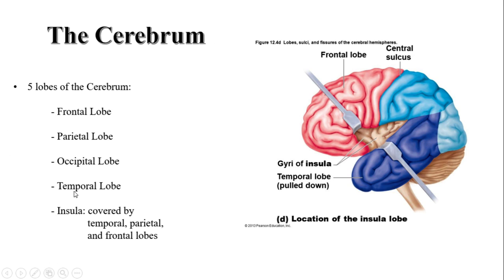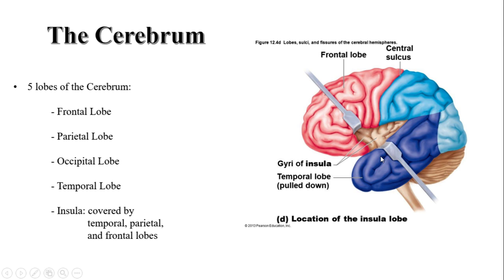Very quickly, when it comes to the cerebrum, I'm sure you've seen the different lobes. So the 5 lobes of the cerebrum are our frontal lobe, our parietal lobe, our occipital lobe. The pronunciation could be occipital, I just say occipital. And then the temporal lobe.